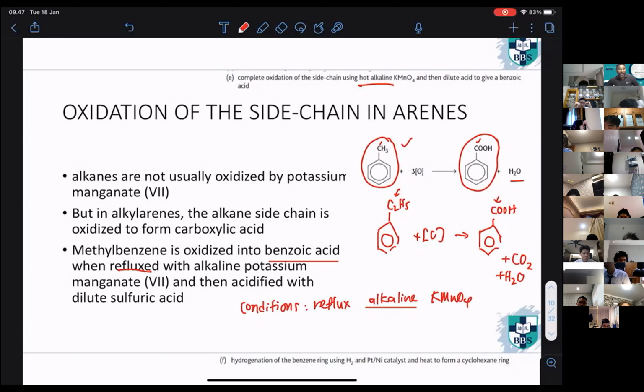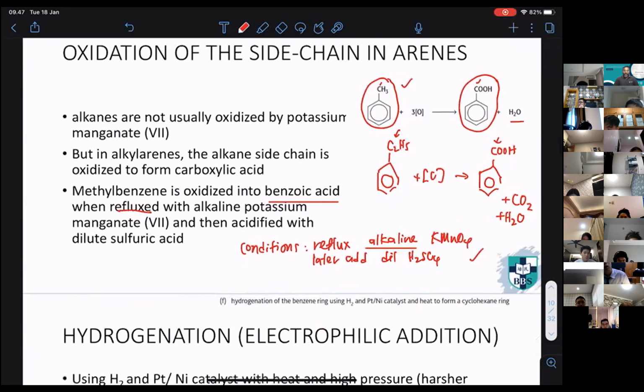This is alkaline KMnO4, and only later do they add dilute acid, maybe H2SO4. So that is slightly different than the normal oxidation that we used to do with alcohols and so on.